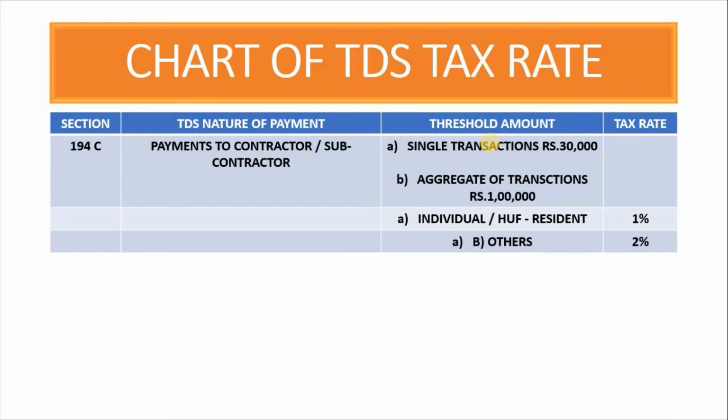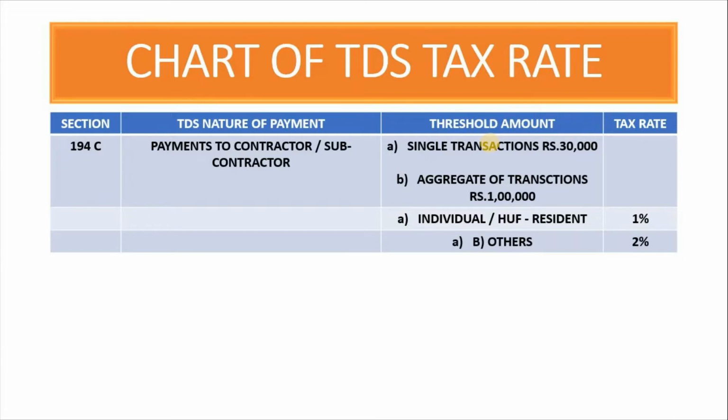Because of that, you have to create two TDS nature of payment. One is payments to contractor or subcontractor within bracket single transaction, and one more TDS nature of payment, payments to contractor or subcontractors within bracket aggregate of transaction.